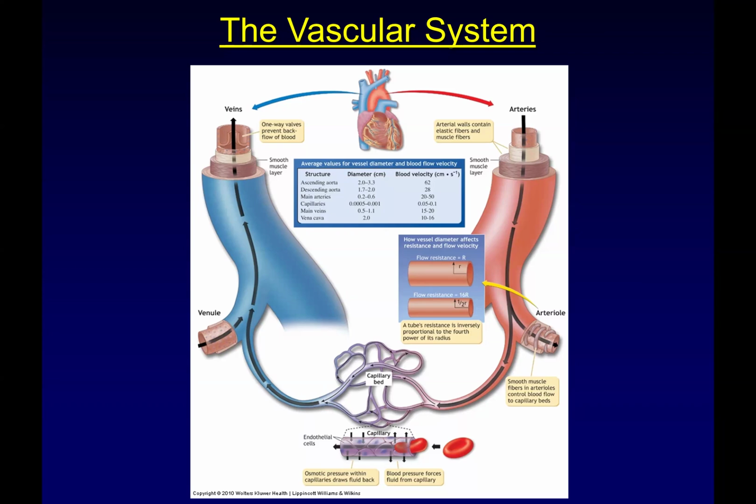There's something about arteries and especially arterioles that allows them to change their diameter by constricting or dilating. That's what we're going to talk about next. Okay. Does anybody remember or know what it is about an arteriole or an artery that lets it do that?